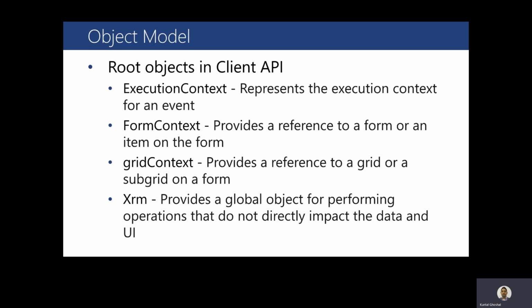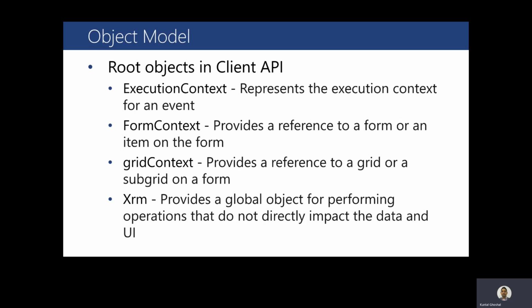There are the following root objects in the client API, as you can see on the slide: execution context, which represents the execution context for an event in model-driven apps, forms, and grids. Form context, which provides a reference to a form or an item on the form against which the current code executes.